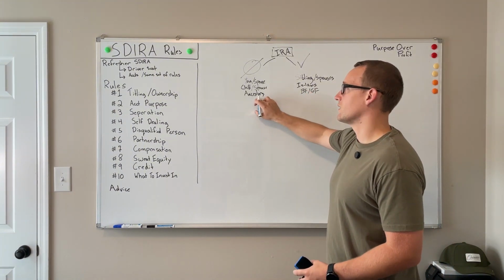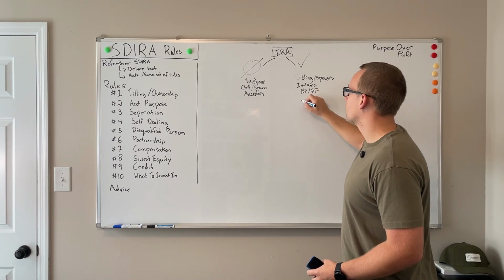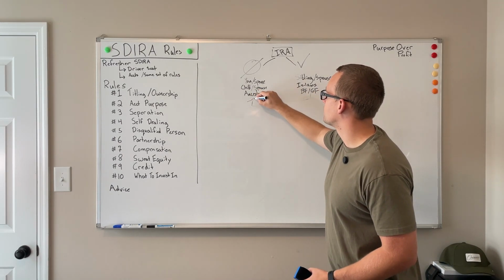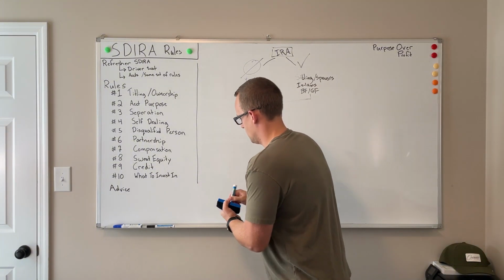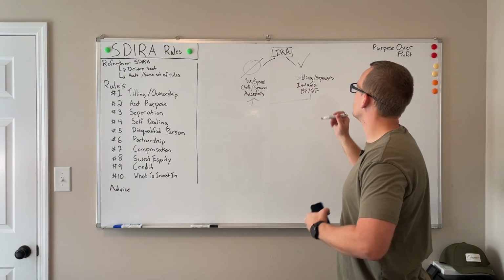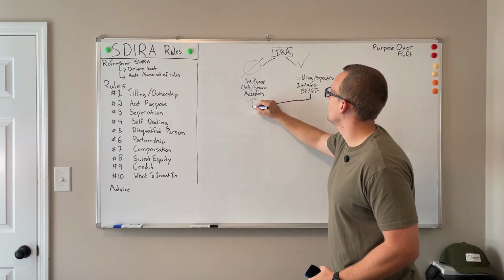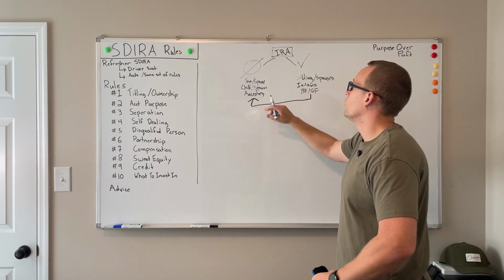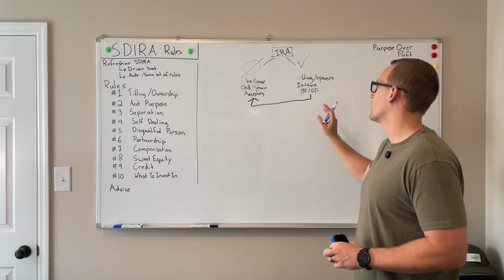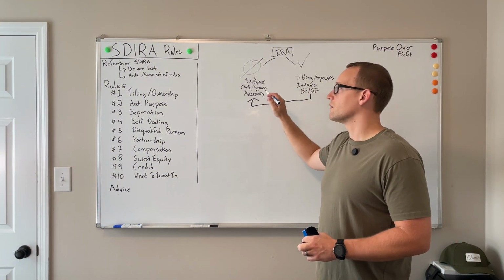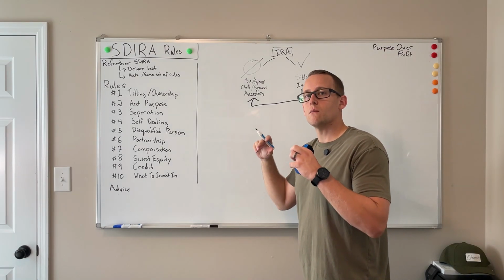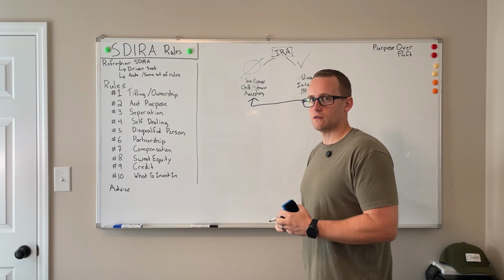But say they do decide to get married. Well, then they come over here. They're now in this box. Man, I'm running out of ink. They're now over on this side. And with that, retroactively, what you did before was okay. But now everything comes over here and the account becomes much more restrictive.